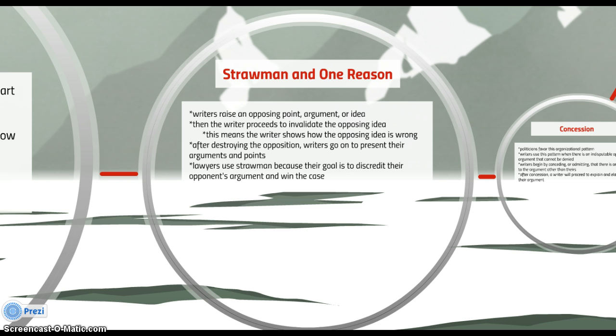So after you've completely destroyed their argument, you go on to present your own arguments and points. Straw man is very common among lawyers because their goal is to discredit their opponent's argument so that they win the case. It also allows them to leave the jury with the sense that they are stronger than their opposing counsel. That's straw man and 1 reason.